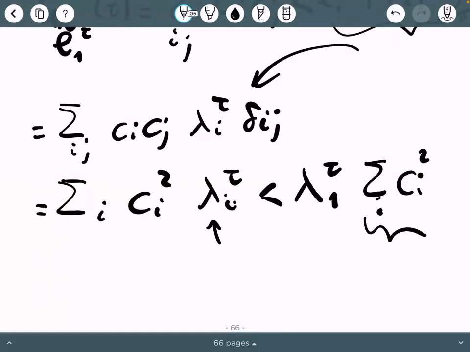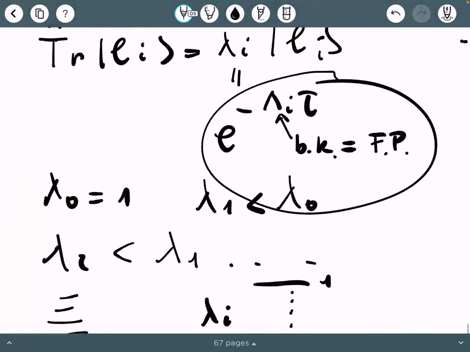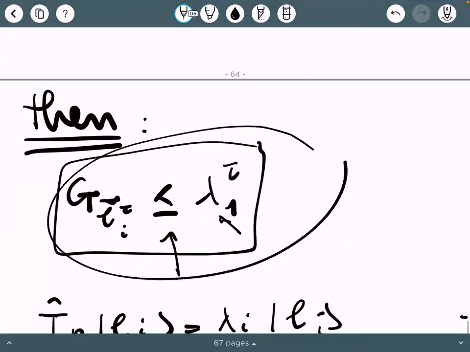And if I choose a complete basis, this sum is 1. And therefore, I got my inequality, which completes the proof. I've proven this relationship here.